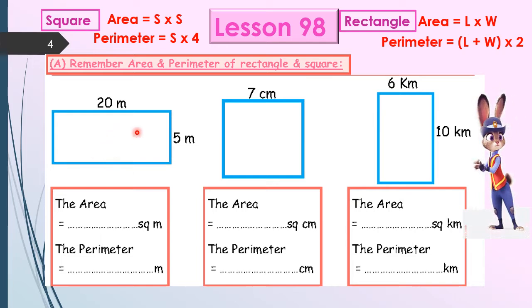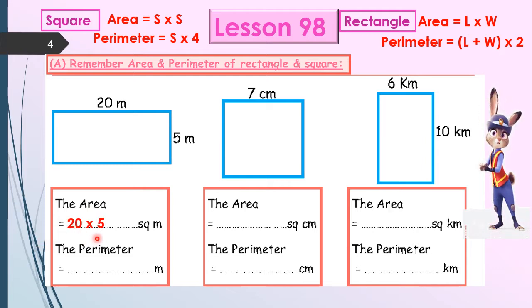Here we have this shape called a rectangle because it has a longest side, which is length 20 meters, and the shortest side, which is 5 meters width. Now let's solve our area. It will be length by width, then 20 by 5 equals 100. Good job.